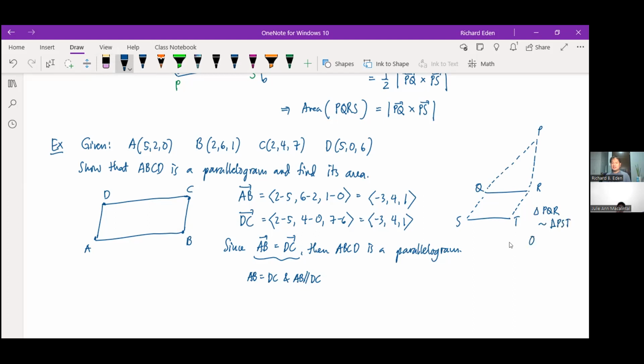But QR would be shorter than ST, which is not the case here. QR and ST are actually equal. So contradiction, which means that meeting at point P is inconsistent with reality. So SQ and TR are not going to meet, which means they're parallel.